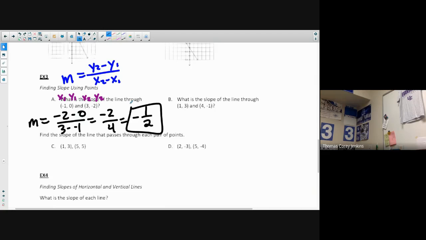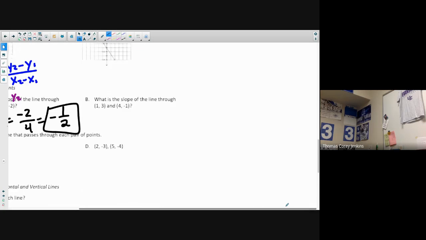Okay. Now, I don't really like thinking about this in terms of labeling them and things. I just remember if I subtract -2 minus 0, then I have to go the same way with my x's. It's got to be 3 minus -1. Okay. So some people like to think about it that way. I think a lot of people, especially visual people, kind of like this trick.